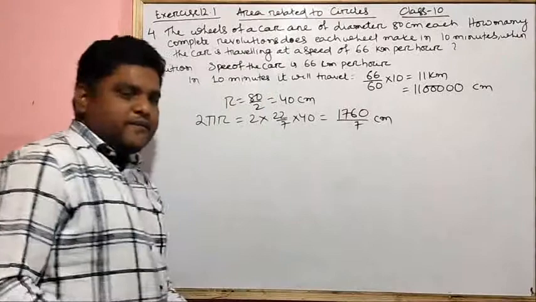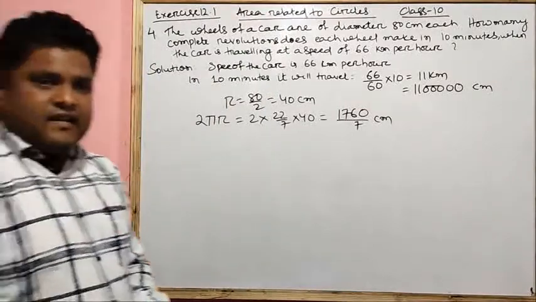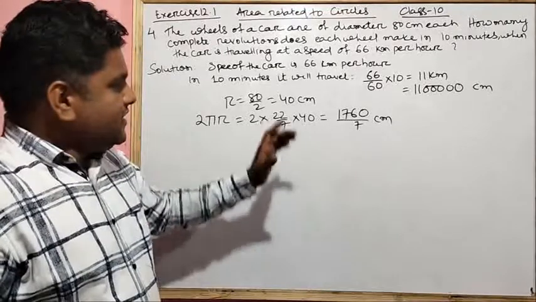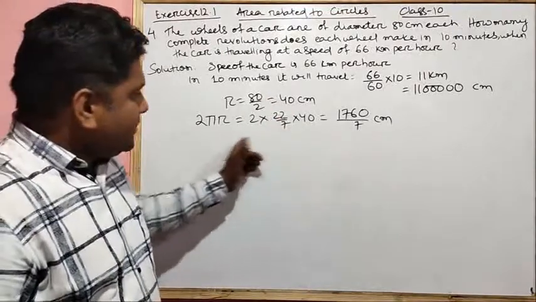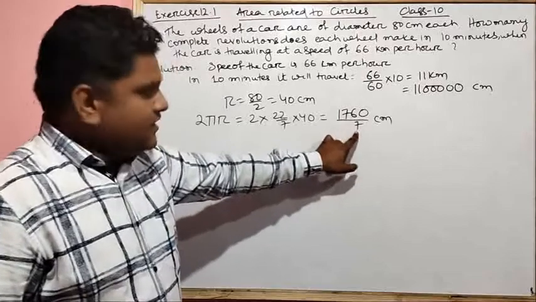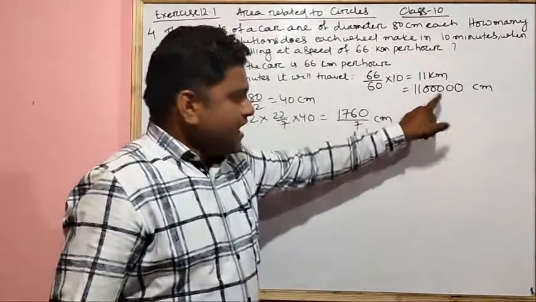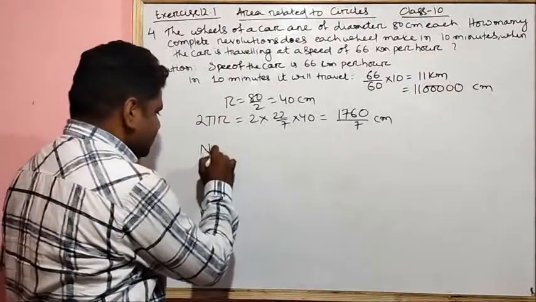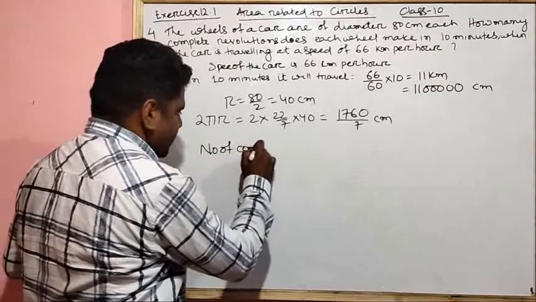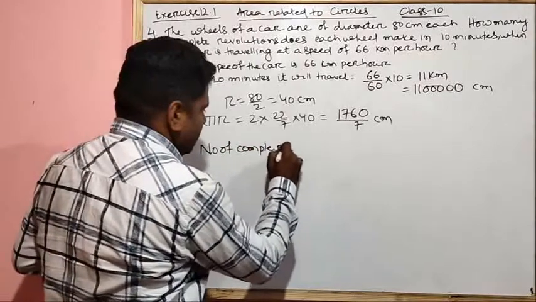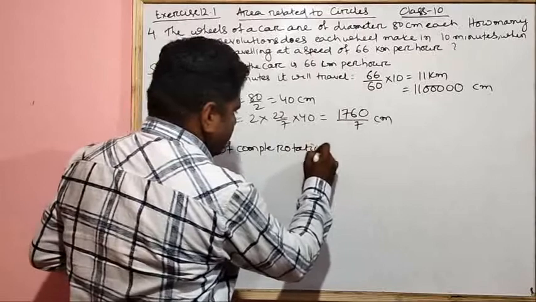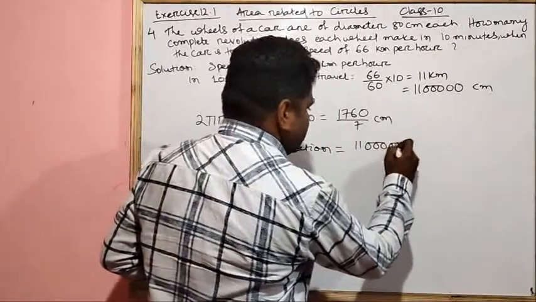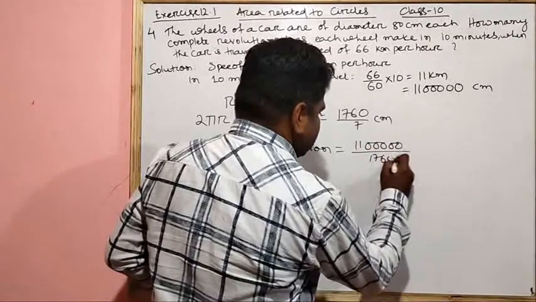We know that the distance traveled by any wheel in one revolution is equal to its circumference. So in one revolution it moves this much distance. To travel this much distance, how many complete rotations will it make? So the number of complete rotations is equal to 11,000,000 divided by 1760 by 7.